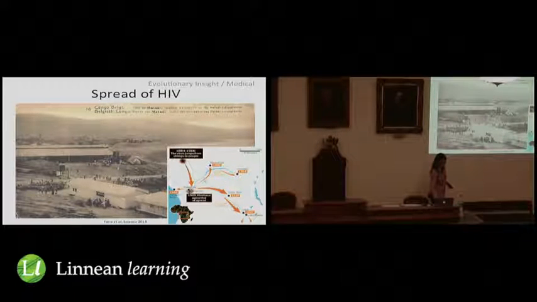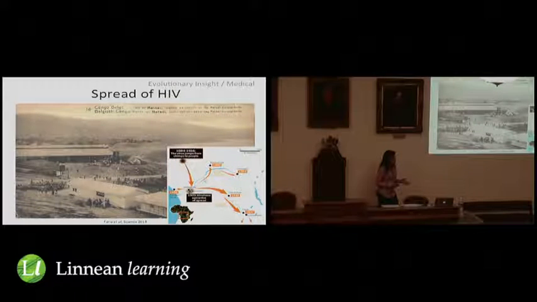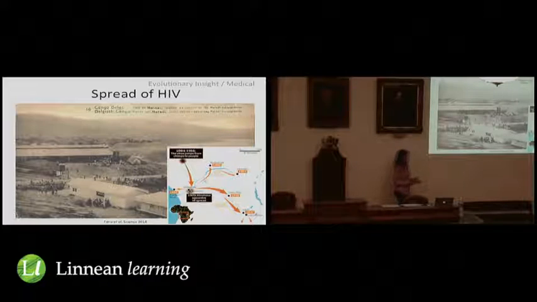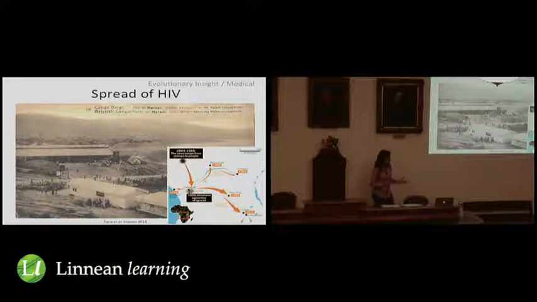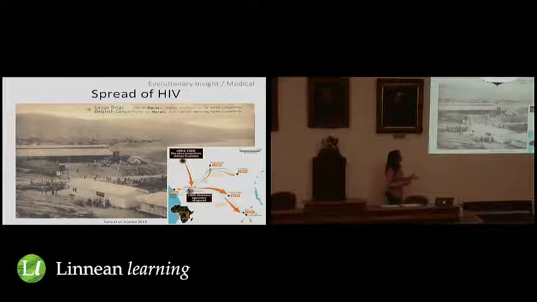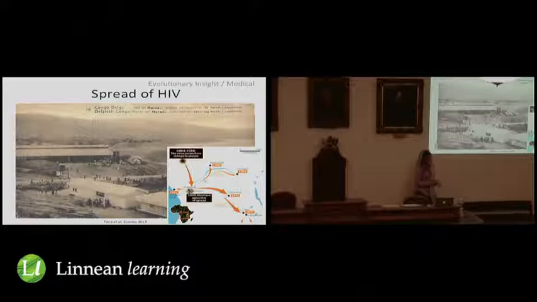So while boats and trains also spread the virus far, other factors also played their part. Records also seem to suggest that Kinshasa had a relatively high proportion of men, and consequently there was a high demand for sex workers in the area as well, which would have increased the transmission of the disease.